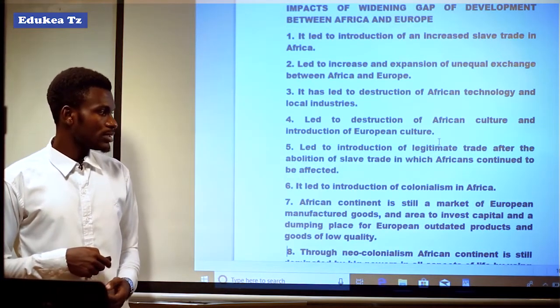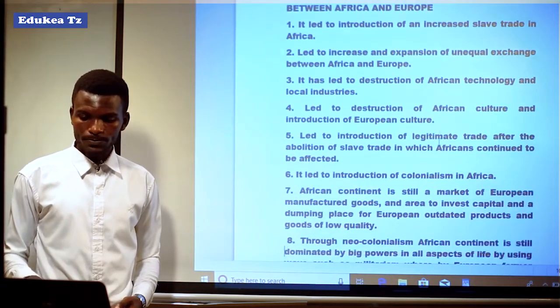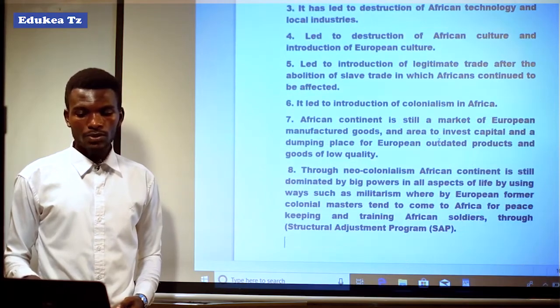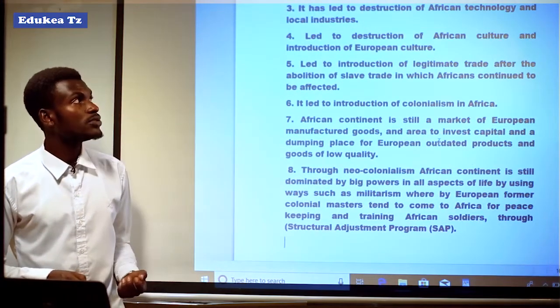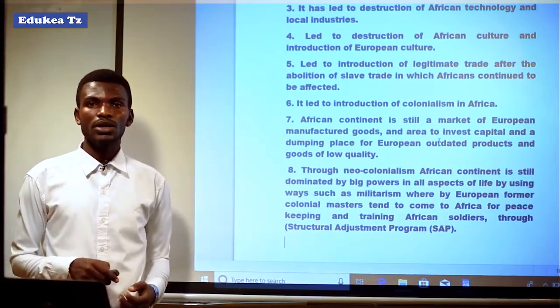Another one was that it led to the introduction of colonialism in Africa. It means that the gap that was there between Africa and Europe led to the introduction of colonialism in Africa.